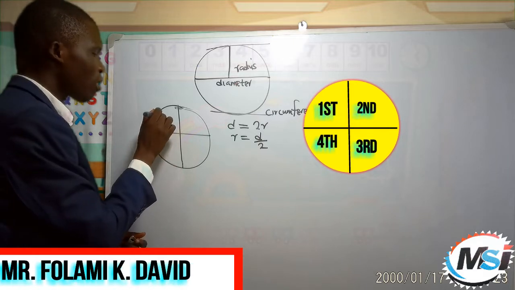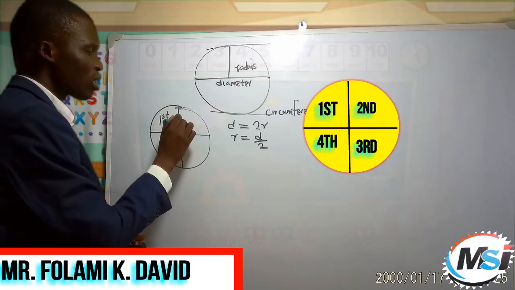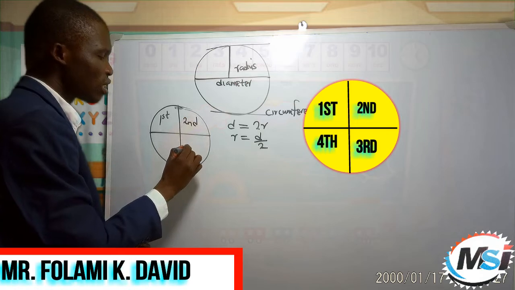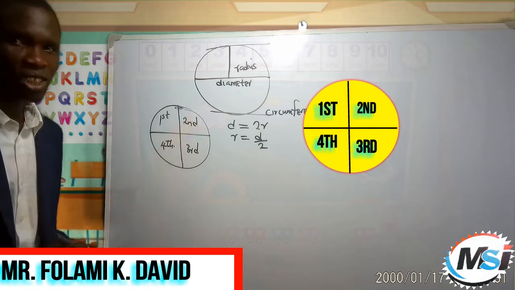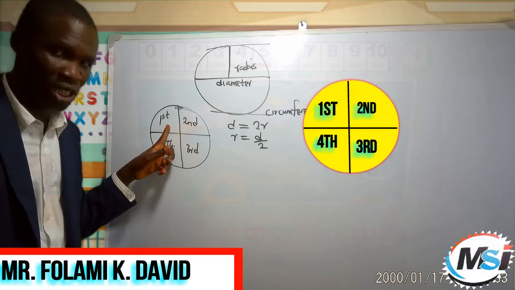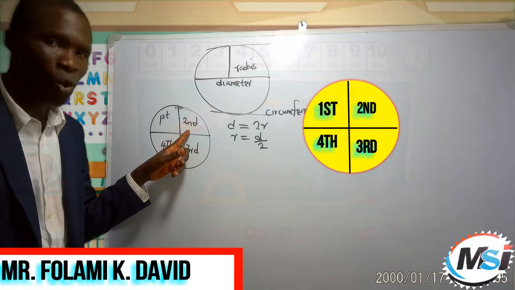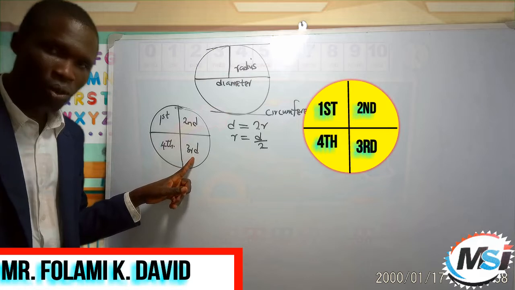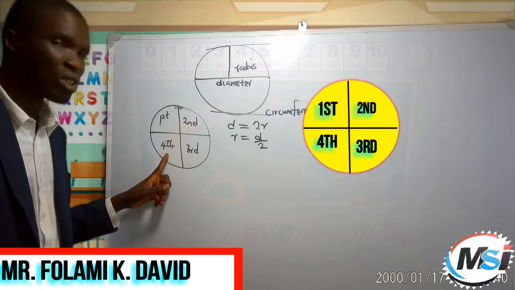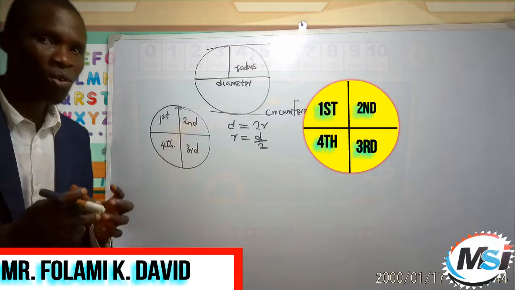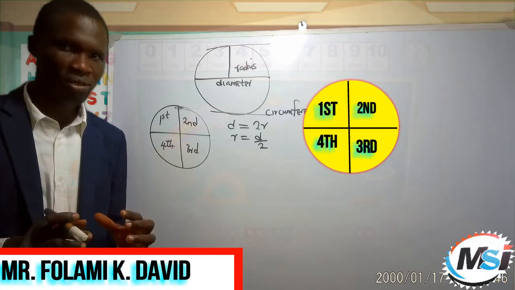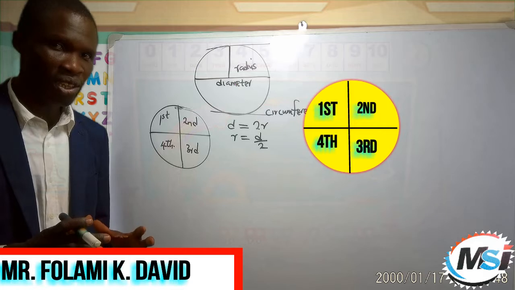We have first, second, third, and fourth. This is first quadrant, second quadrant, third quadrant, and fourth quadrant. That is telling you that in a circle we have four quadrants. I believe you understand that.